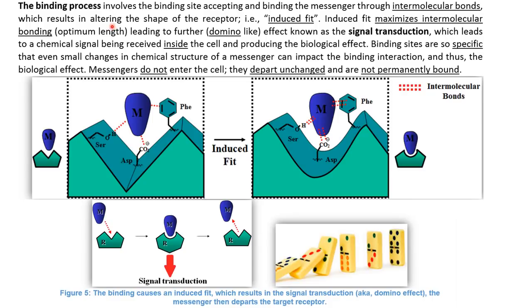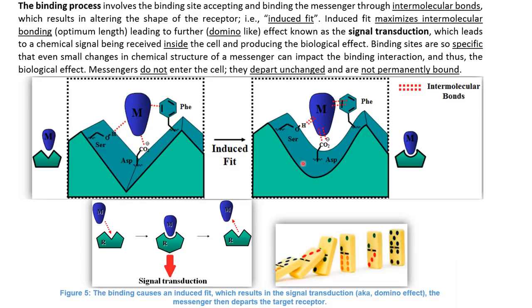The binding process starts by the binding site accepting the messenger and binding to it through the intermolecular bonds. By these intermolecular bonds, the shape of the binding site will change such that the bonds become stronger. The change in this shape in the binding site is referred to as induced fit.